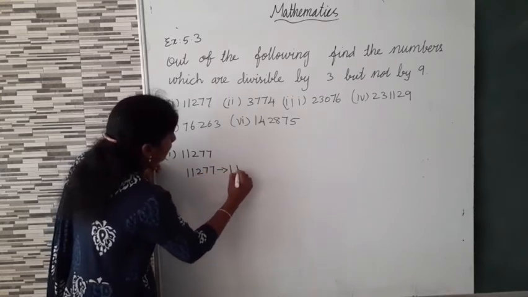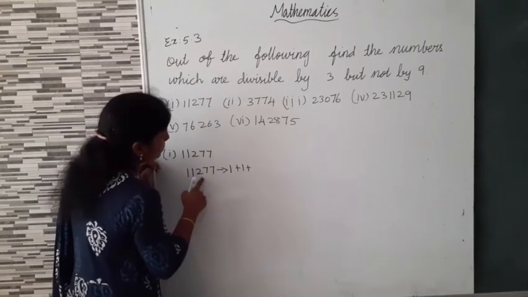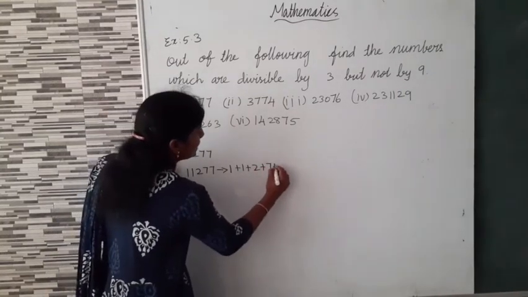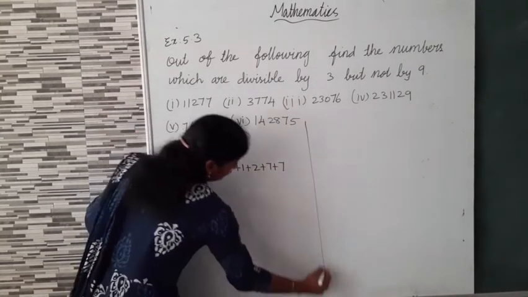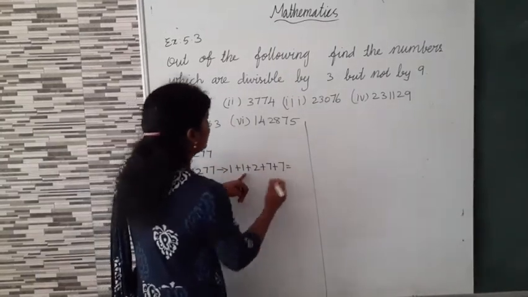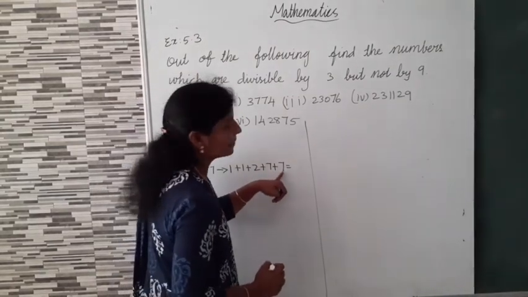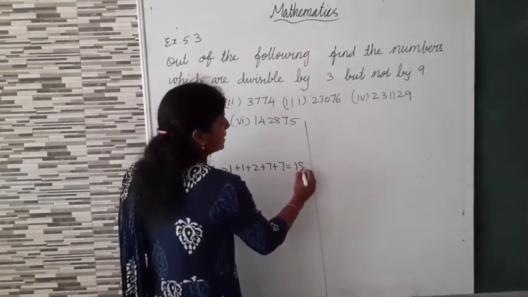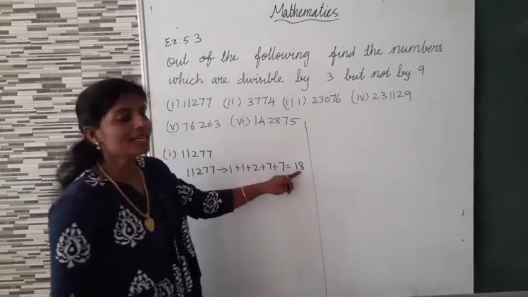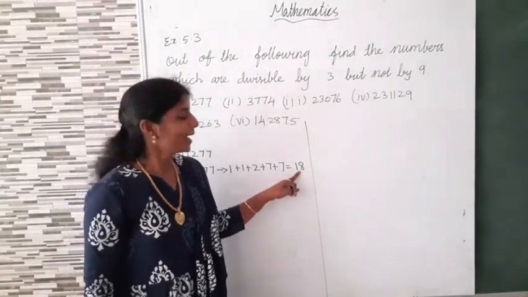11,277: we add the digits, 1 plus 1 plus 2 plus 7 plus 7. 1 plus 1, 2, 2 plus 2, 4, 4 plus 7, 11, 11 plus 7, 18. Now 18 is divisible by 3, isn't it? 6 3s are 18.